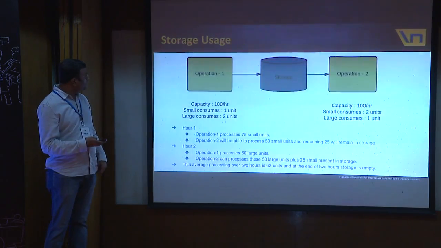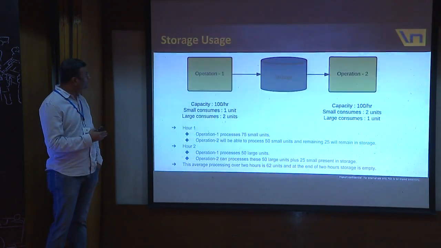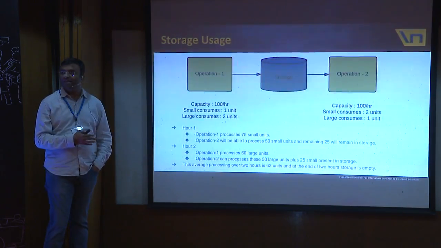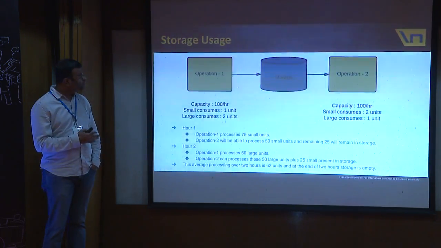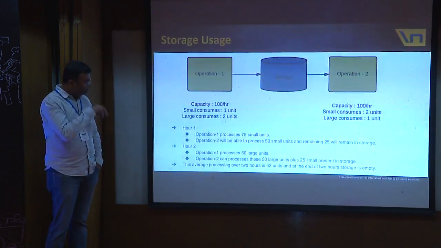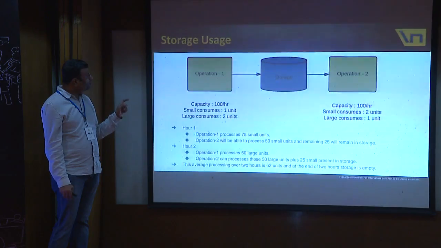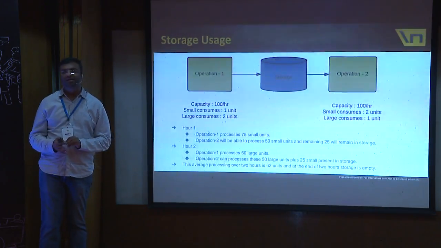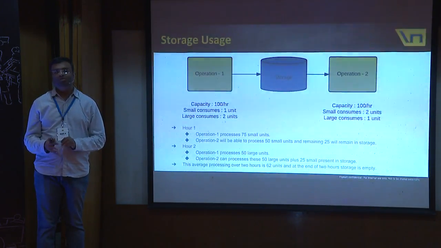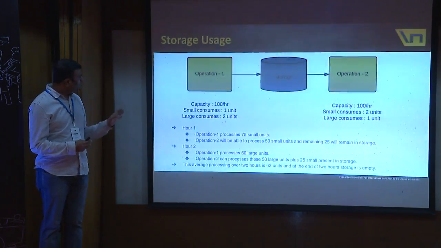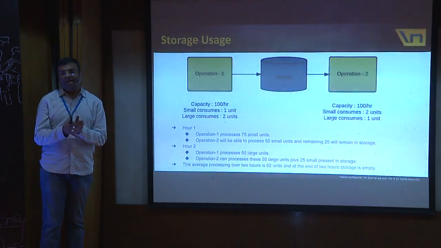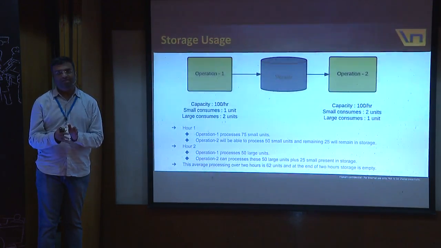Next, we consider storage usage. Here we have an example wherein we have two operations, operation 1 and operation 2, and we have storage in between. Operation 1 and 2 both have a capacity of 100 units per hour. They can both process 100 units worth of shipments per hour. However, the rate at which they consume capacity is different, right?